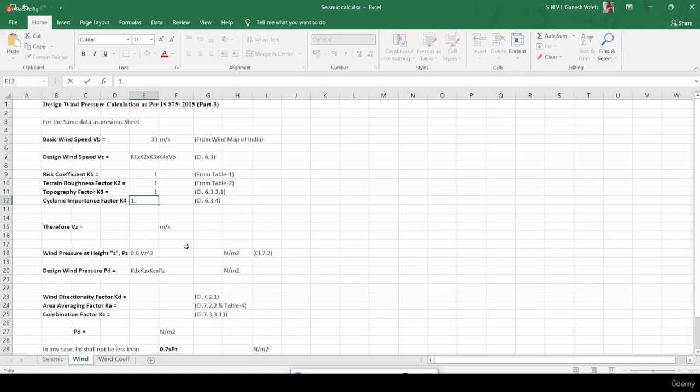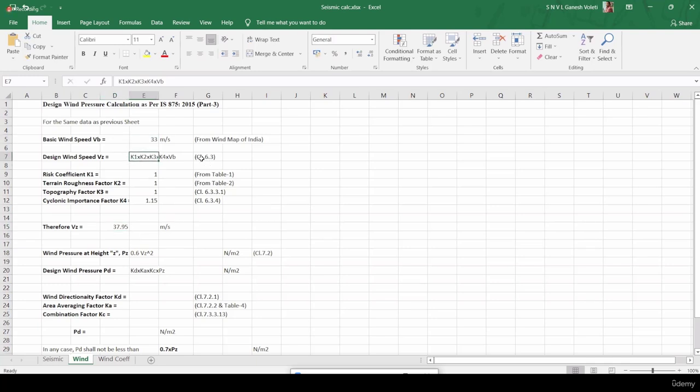So Vz will be K1 multiplied by K2 multiplied by K3 multiplied by K4 multiplied by Vb, the basic wind speed.